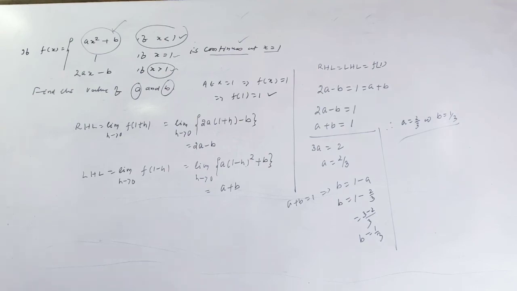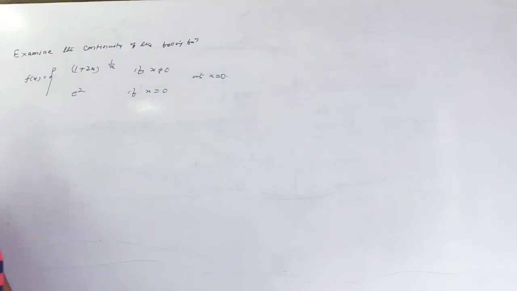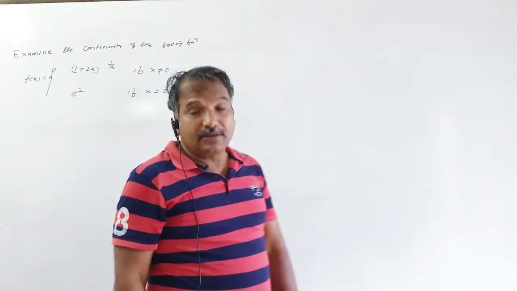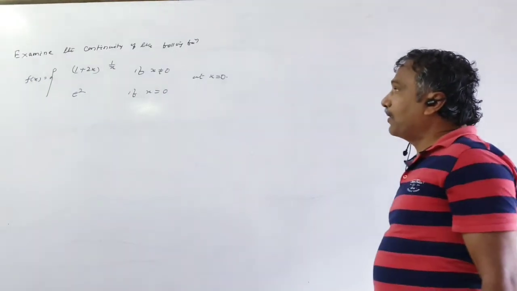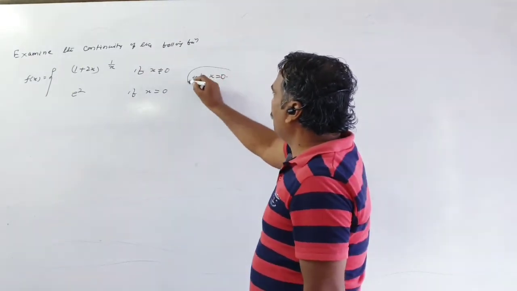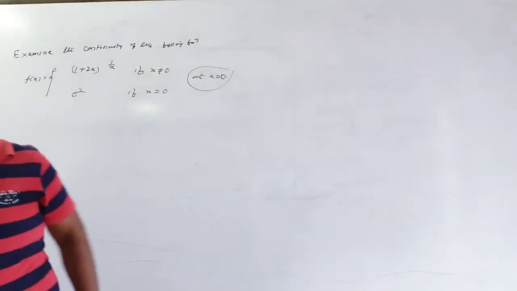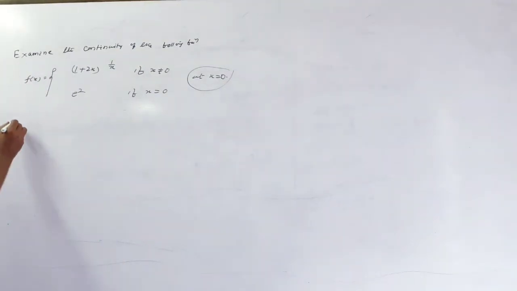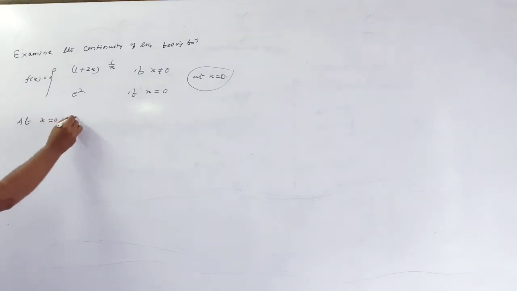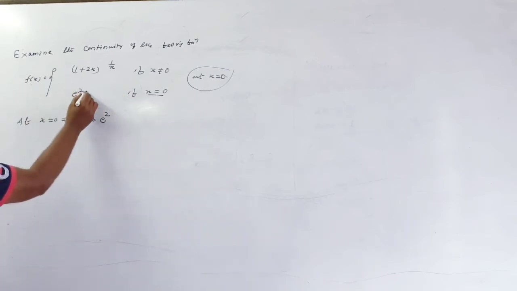Now another example: examine the continuity of the following function at the point x equals 0. At x equals 0, f(x) equals e square.